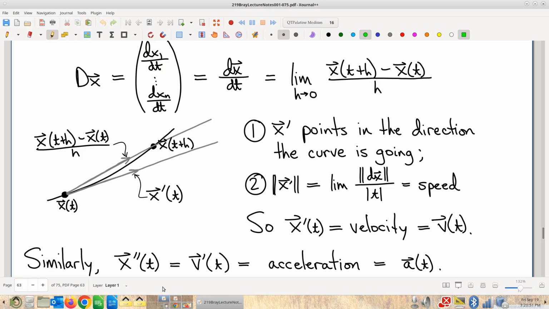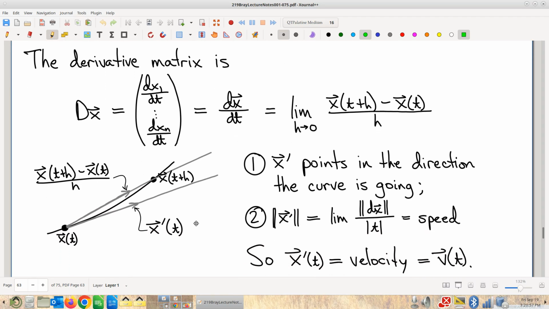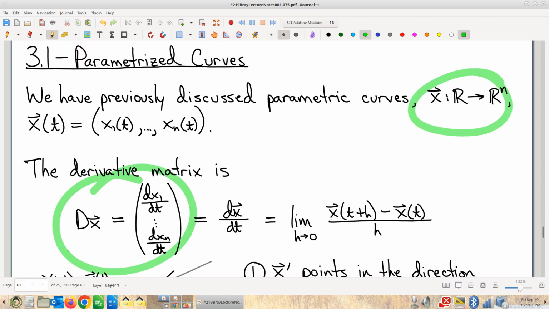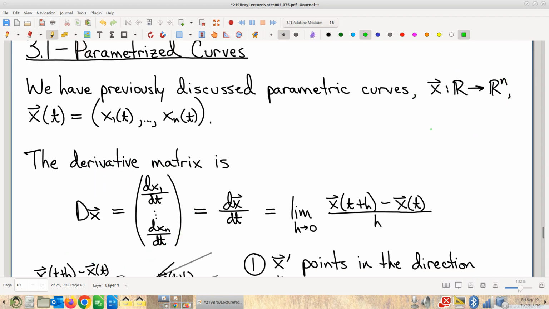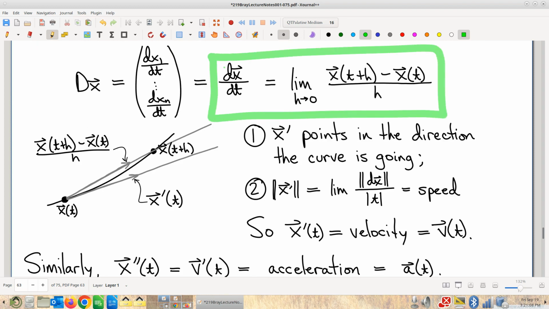Okay, all right. So last time we were talking about Section 3.1. We had just started with Section 3.1, and we made the observation that for a parametric curve, that's the derivative matrix, and we started to think about how that relates to the single variable derivative of a parametric curve, which is a function of a single variable.